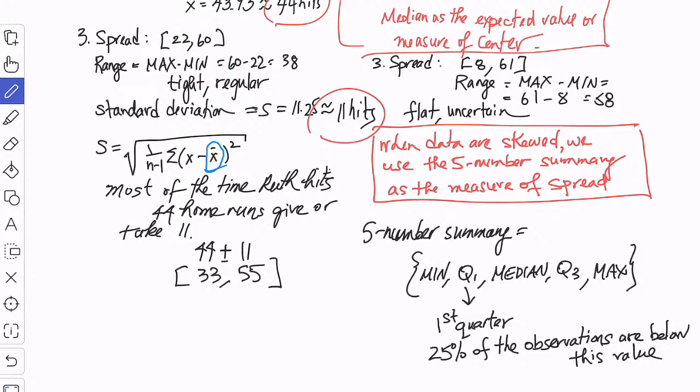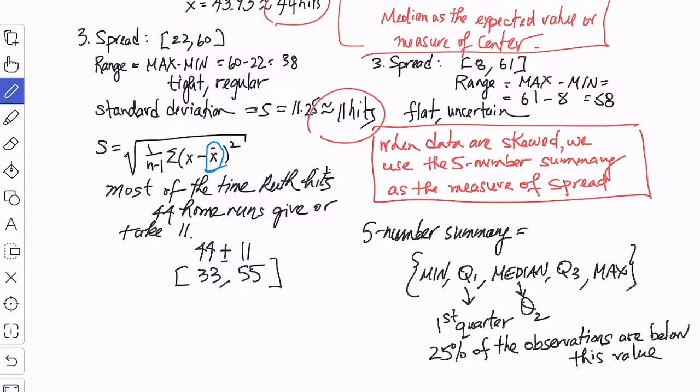Remember, the median is actually Q2, the second quarter. 2 quarters is 50%. So 50% of the observations are below this value, the median.